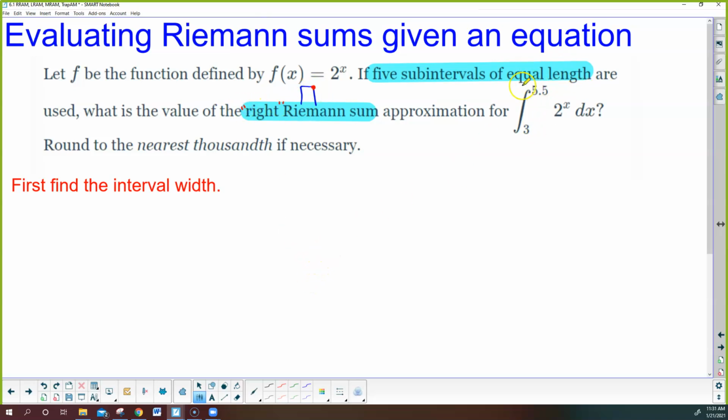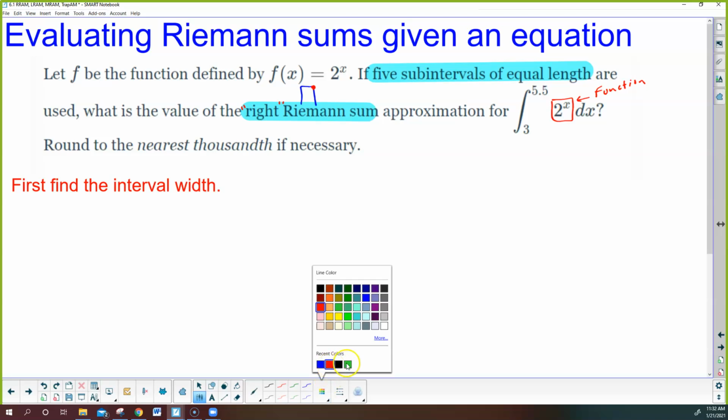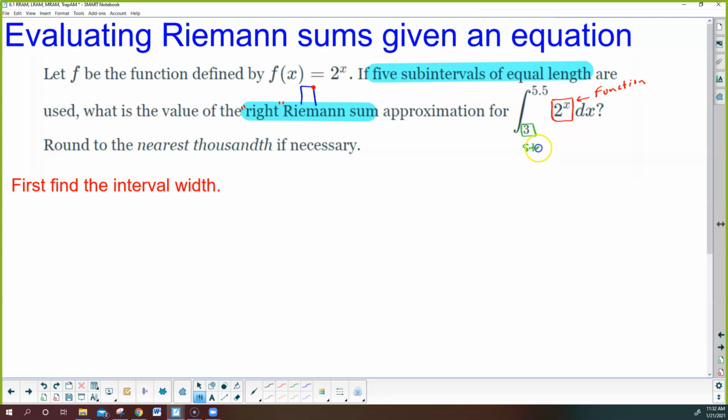Okay? Now, look at what they have here. Notice what's given. 2 to the x. That's the function. So I'm going to plug that into my calculator. That's the equation or function. And then I've got my interval with some numbers up on top and bottom. So think of this as your start, and think of this point as the end.